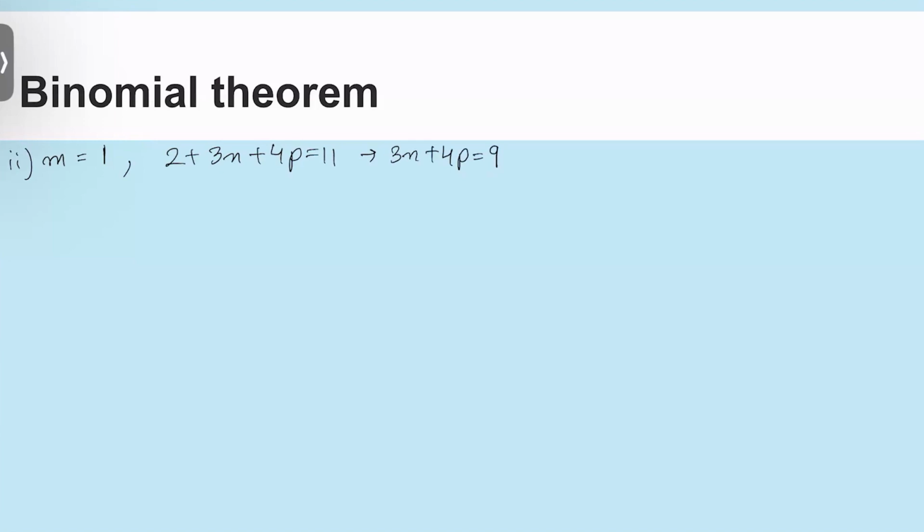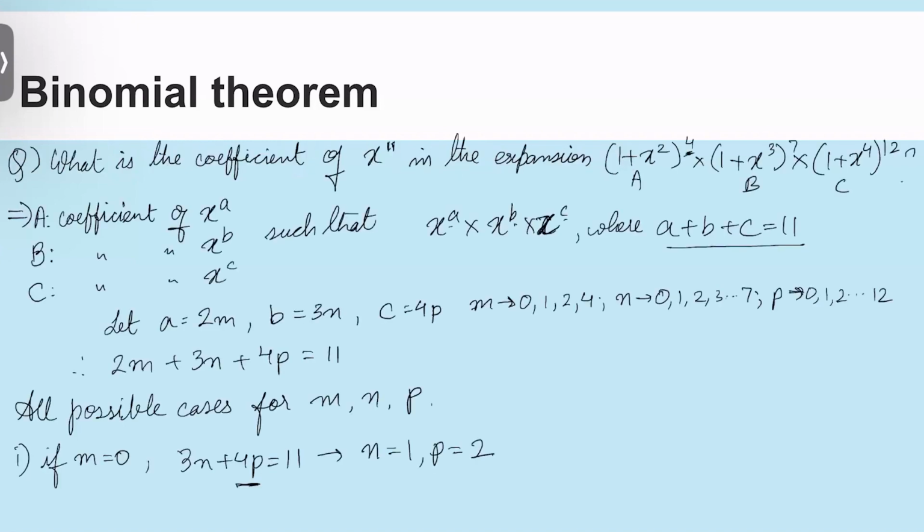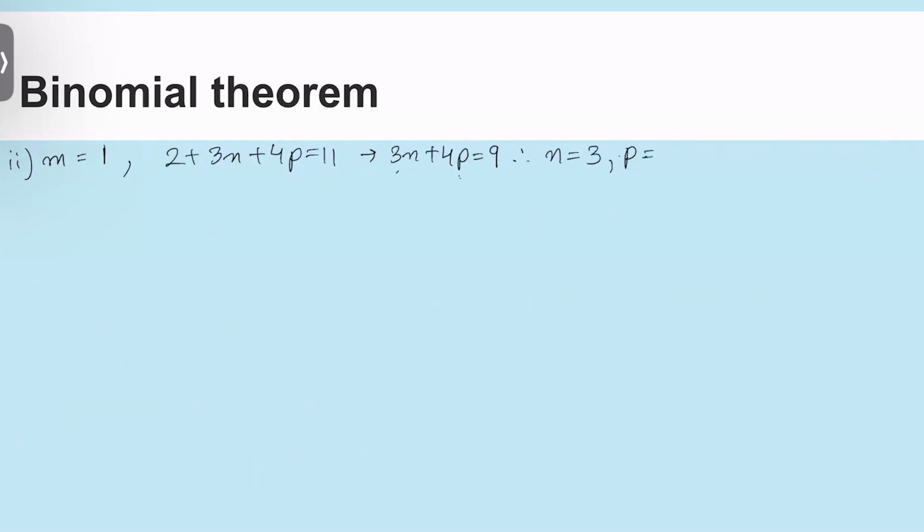The only way you will get this as 9 is if p equals 0 and 3 into 3 is 9. So n will be 3 and p is equal to 0. This is the second possible case that we have.